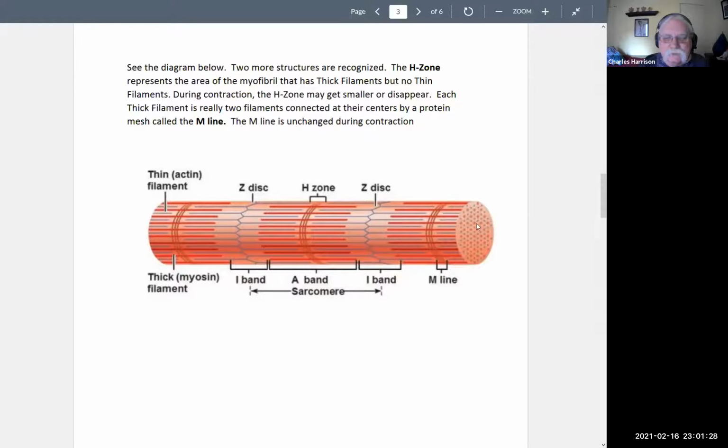You could take this end in one hand, this end in the other hand, squeeze together and bring these closer to each other. The thin filaments can move into the space that's still there, in the H zone. They cannot, however, bump into their counterpart on the other side because of the M line. That's as far as they could possibly go.